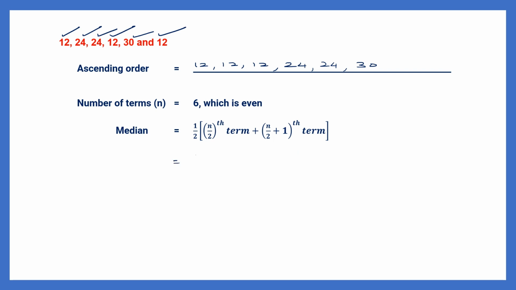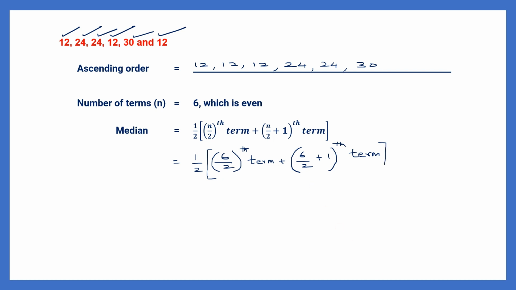So that is 1 by 2 into n by 2. Remember, n is the number of terms, that is 6 by 2, that term, plus n by 2, again 6 by 2 plus 1, that term. Remember what I said earlier? Here, this term and the term next to it is what we are talking about.